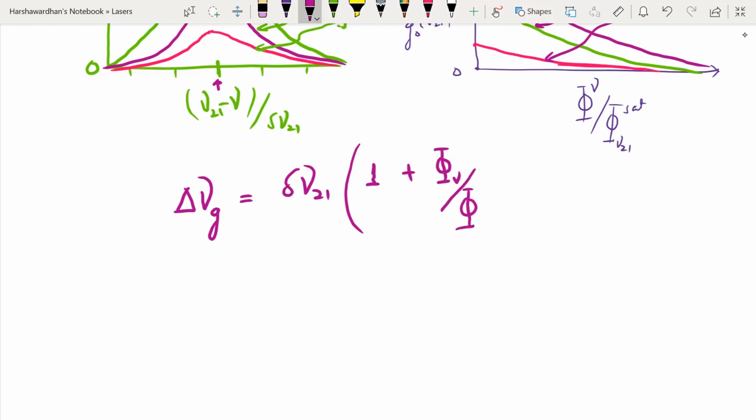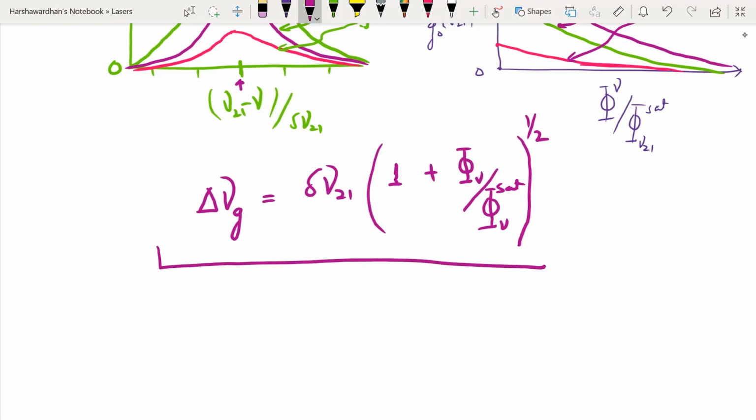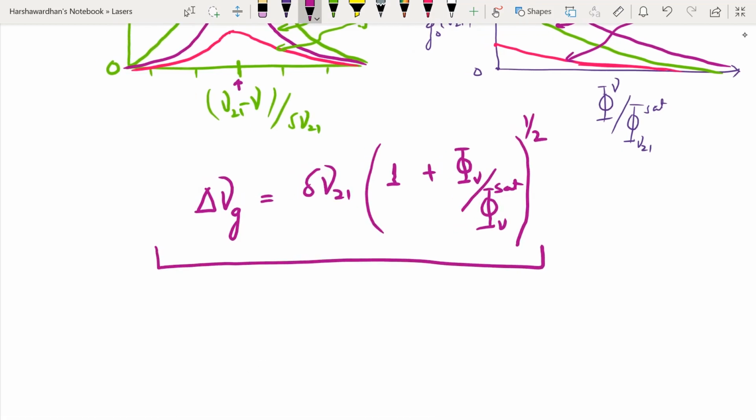It depends on the lasing number of photons within the cavity, and it is scaled with respect to a saturation value at which the gain becomes half of the small signal gain, and this now is my new width of the gain coefficient. Clearly, this is what we discussed even earlier as power broadening. The response not only decreases, it also widens in terms of frequency content.